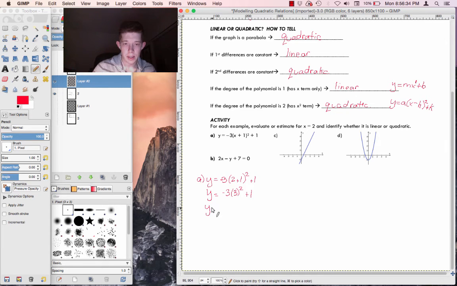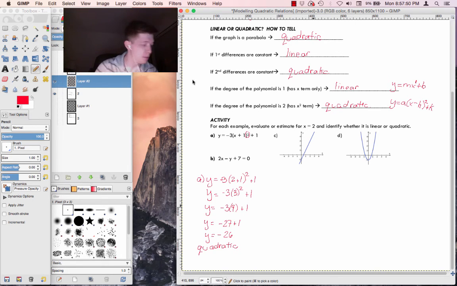Now 3 squared is 9, so I'm going to replace that 3 squared with a 9, plus 1, and I get y is equal to negative 3 times 9, which is negative 27. We're going to add 1 to it, and I get that y is equal to negative 26. Now this equation has that exponent of 2, so that means that it must be quadratic. Okay?